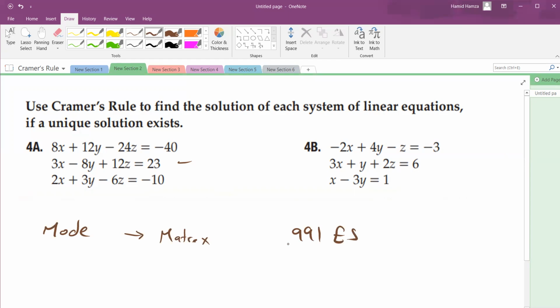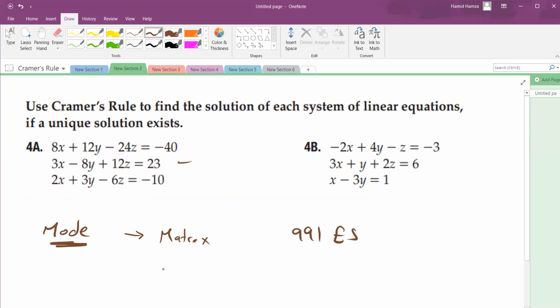No, it's 82. So you don't have this button. I have mode, but it doesn't have matrix. So what about you, Sama? I have it. So did you find matrix?